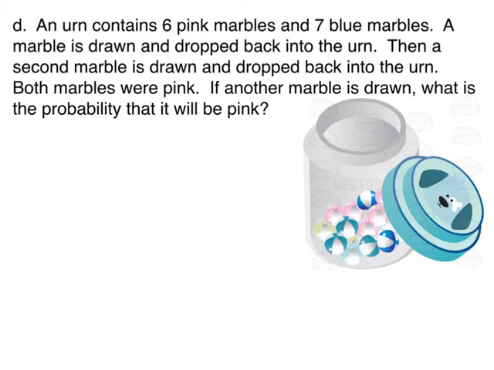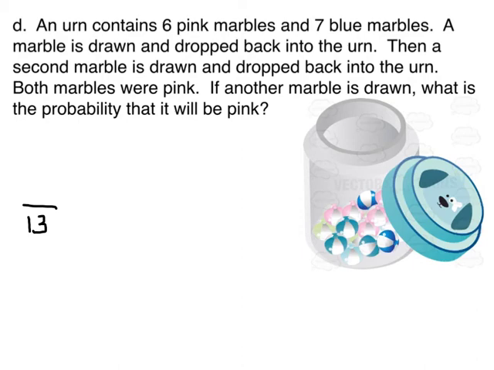Okay, now this is one we haven't done yet. It says that there are marbles in an urn or a jar, and this particular jar has 6 pink and 7 blue marbles. Now that is a total of 13 marbles in the jar. So a marble is drawn and dropped back into the urn. Then a second marble is drawn and dropped back into the urn. Both marbles were pink.